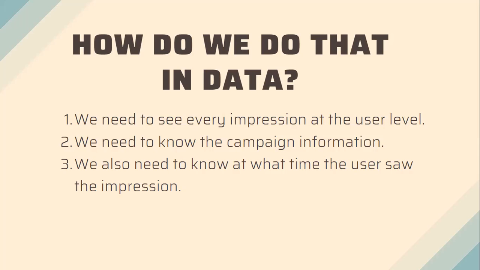Was it campaign A or campaign B? So that we can say which of them was successful. Then the third thing that we need is to know what was the time at which the user saw the impression. And for that, we need a timestamp so that we can identify that point with respect to the context in the user's journey.